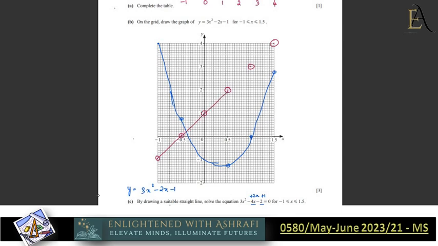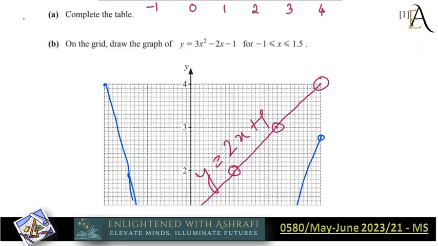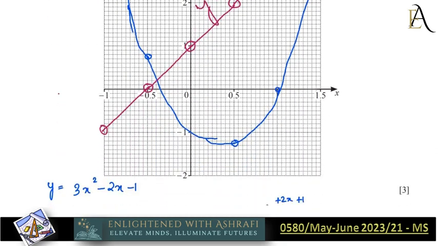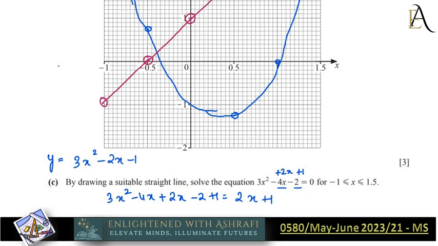Finally got a straight line. So this is y equals 2x plus 1. Now we have to find the value of x. Now let's see where the two equations meet. So they meet at this point.